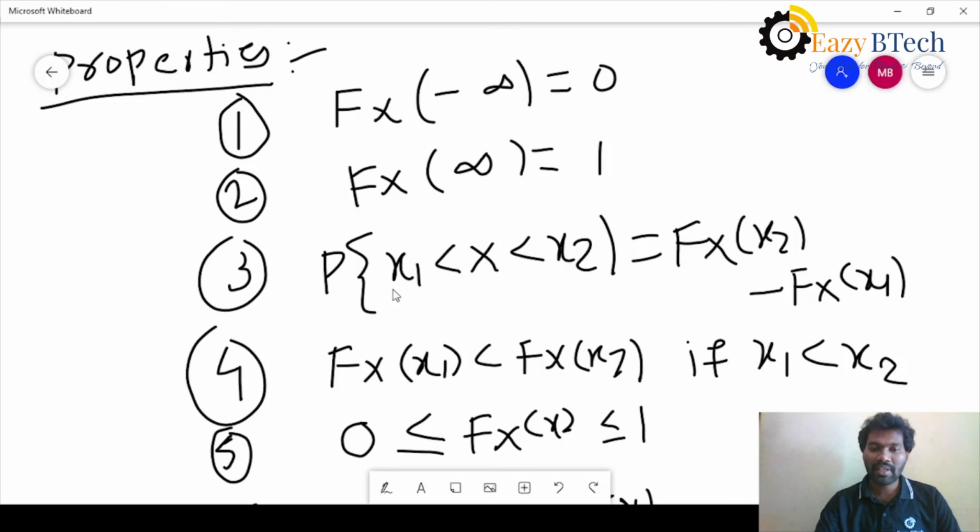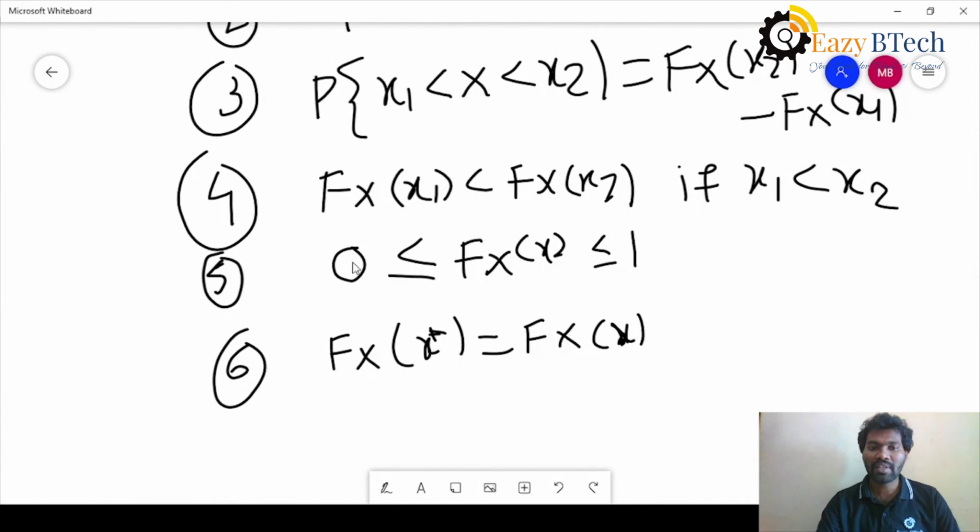In some range, if you want to find the probability, it is that difference. And F_X of x1 is less than F_X of x2 only if x1 is less than x2.